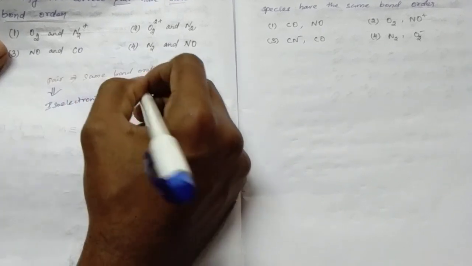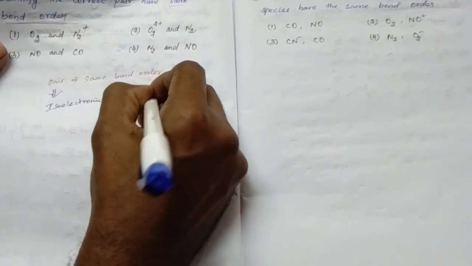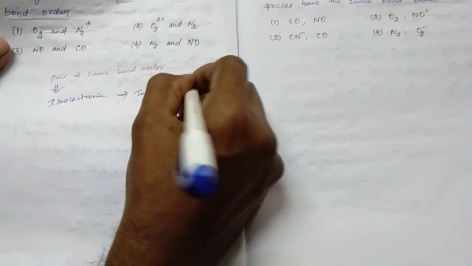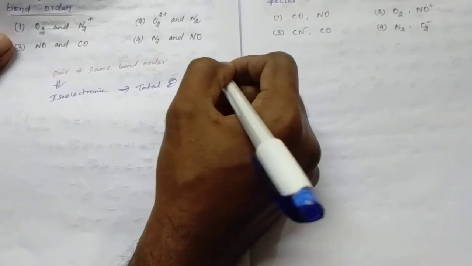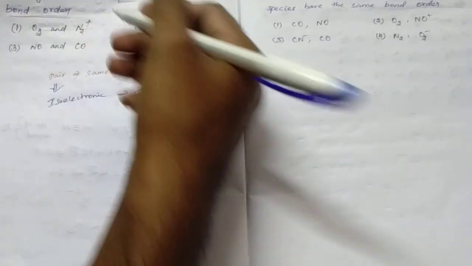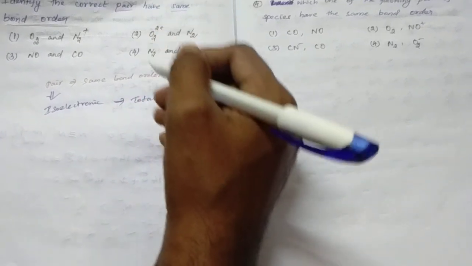Isoelectronic means the total electrons are the same. Sometimes they ask the question like that only. So identify the isoelectronic species from the options. We can answer like that. So we know what to do.